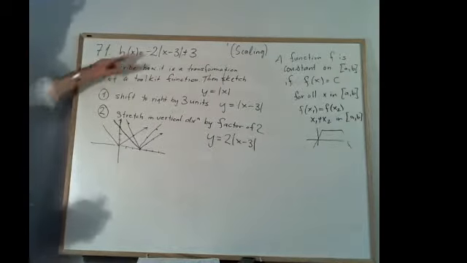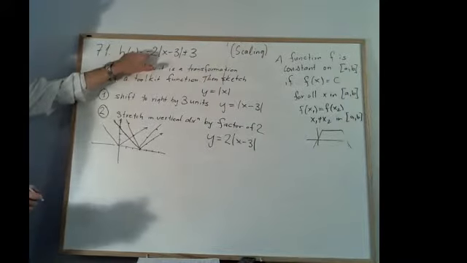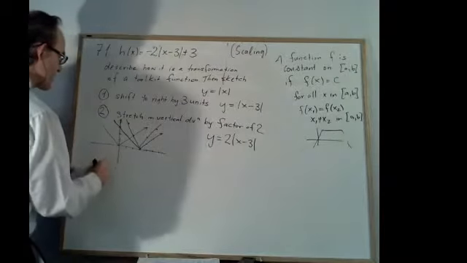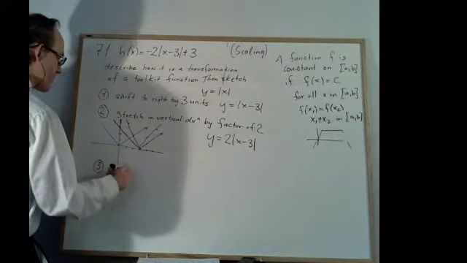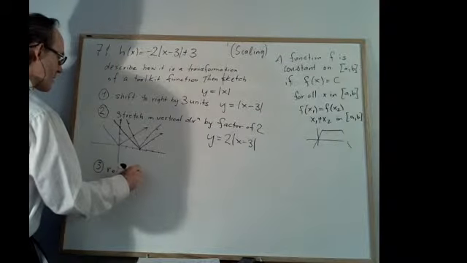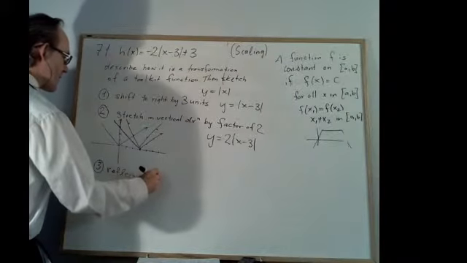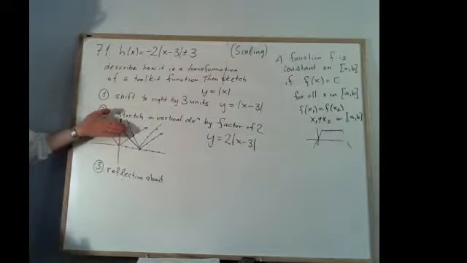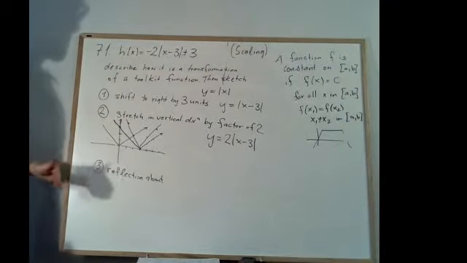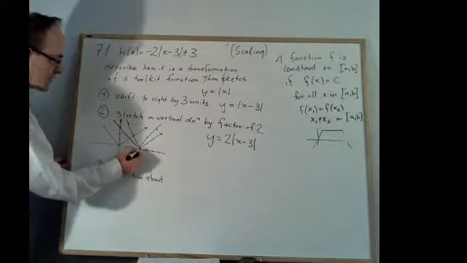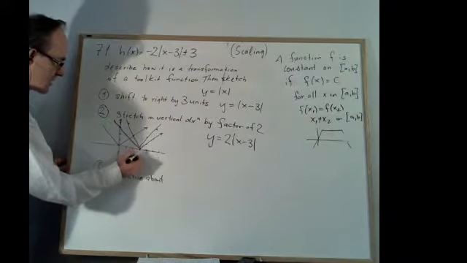And now you want to do what? Multiply by minus 1. So that's going to be a reflection about which axis? Well, it's going to change all of the y values to minus y and leave x unchanged. So it will take you down to this part here.